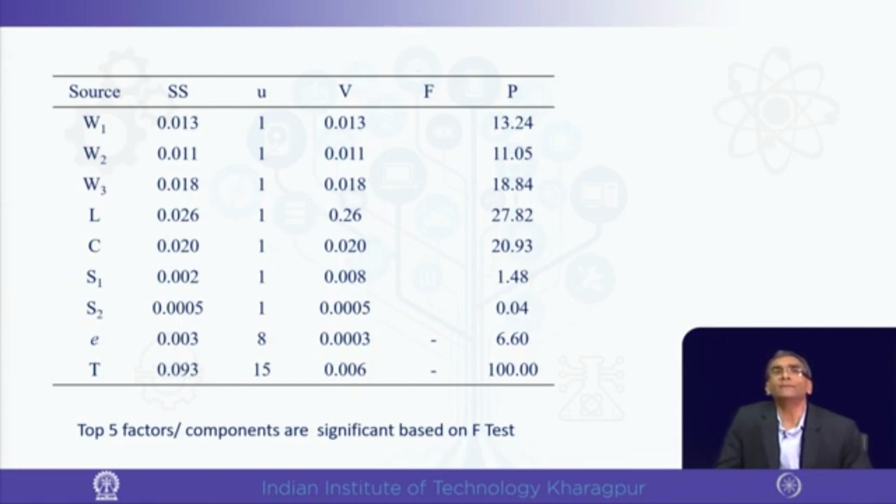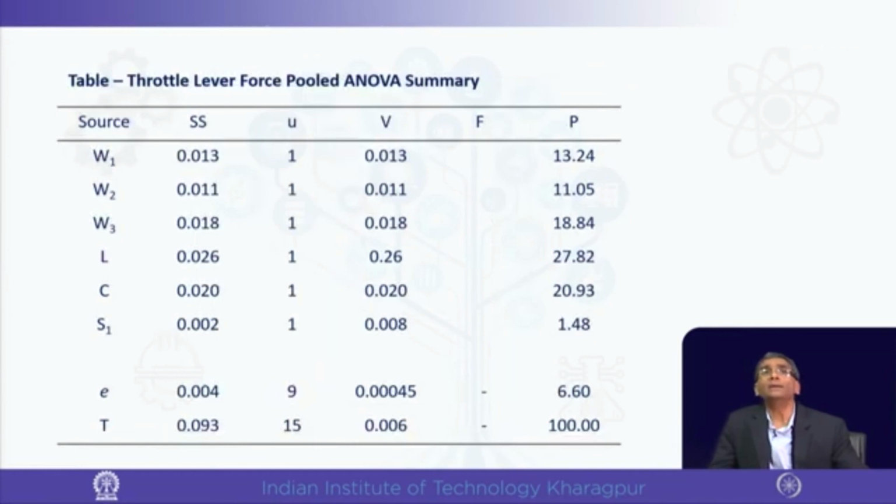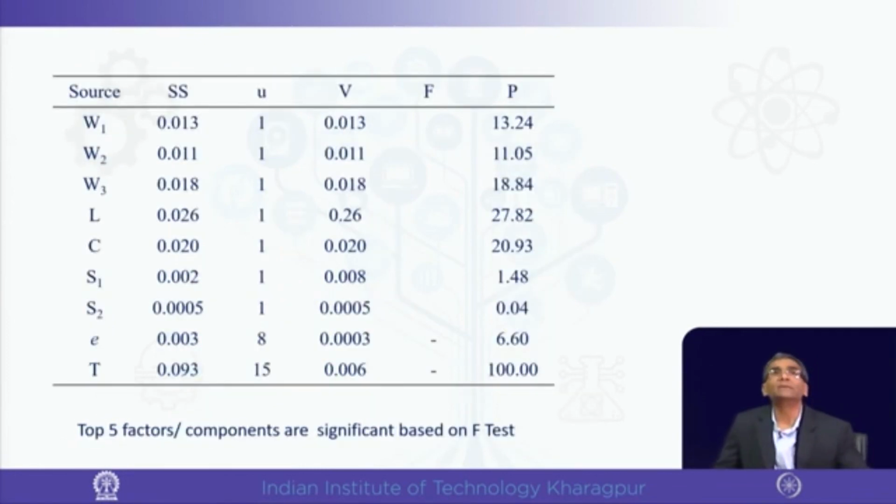So, here the 5 factors or components are significant based on F test, and here we see exactly with the same calculation, and by pooling again, you see that here the S2 is minimal. So, S2 is merged with the error. So, 1 plus 8 becomes 9, S2 goes.